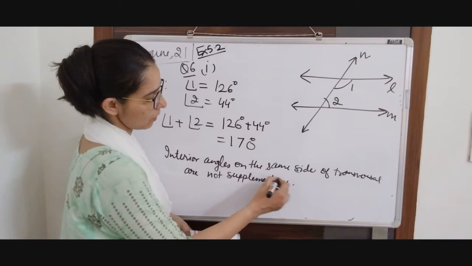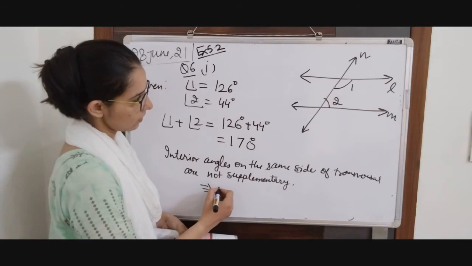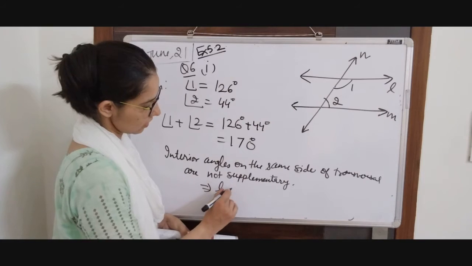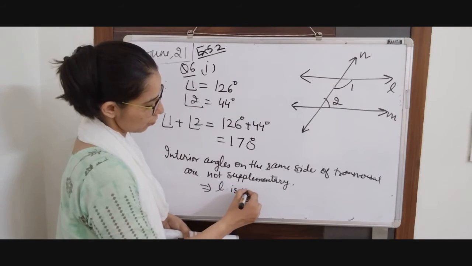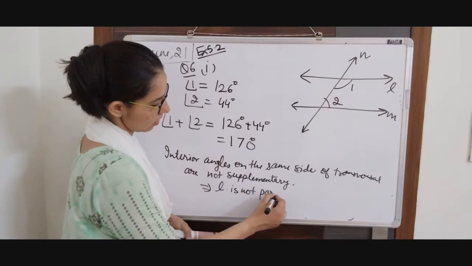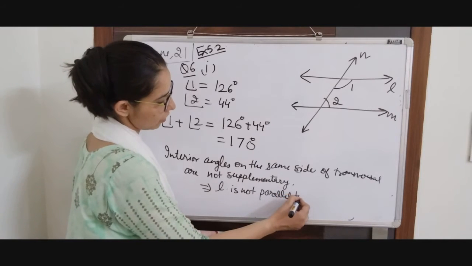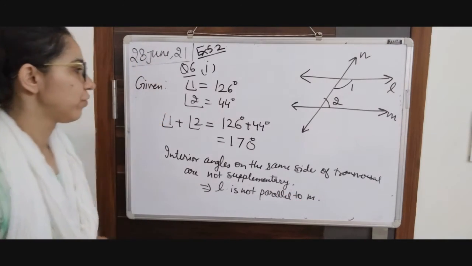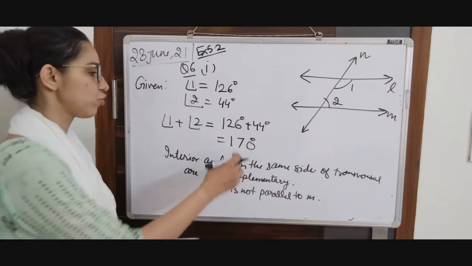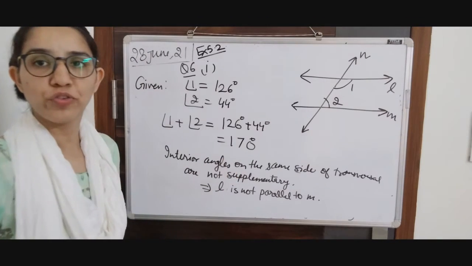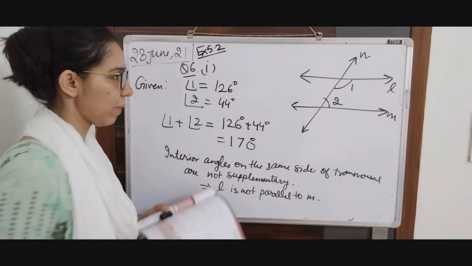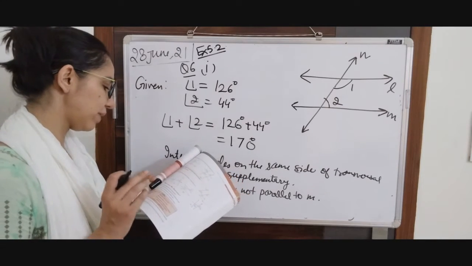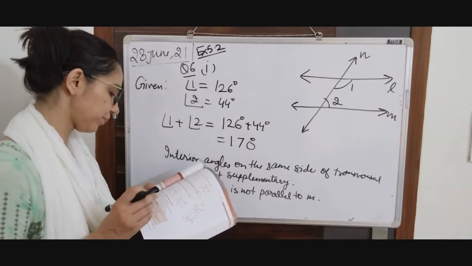If they are not supplementary, it implies line L is not parallel to line M. Okay. If the sum had come out to be 180 degrees, then we could safely say that the lines are parallel. They look parallel but they are not parallel.